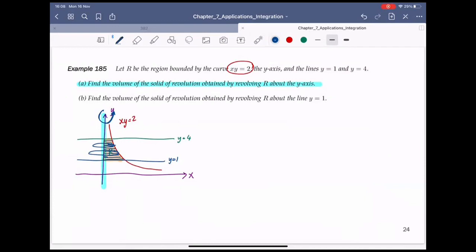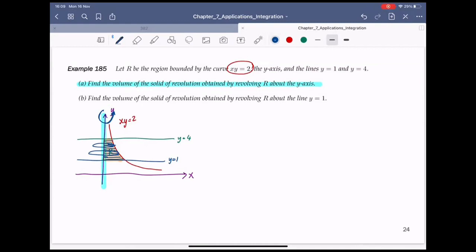I cannot draw a vertical line, because if I cut parallel to the y-axis and rotate, it's confusing, since you will not get the radius easily; the radius would be something in terms of y. So when you use this method, you have to keep in mind that you're going to use dy for this question. That means you draw the horizontal line on the picture.